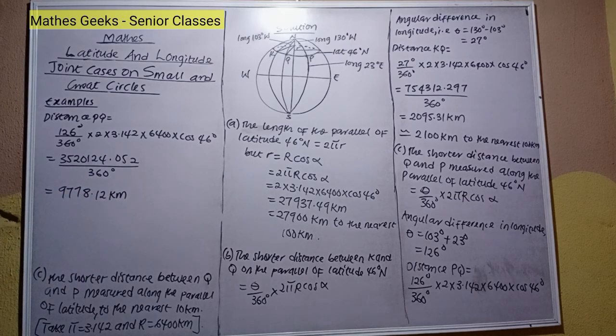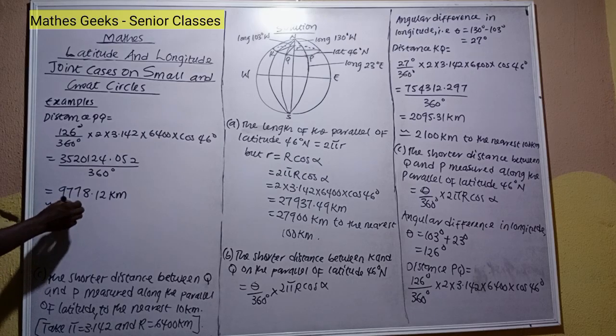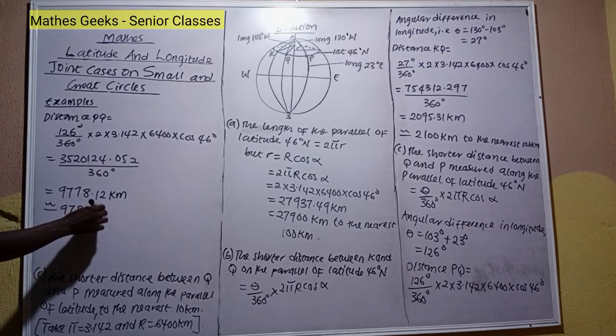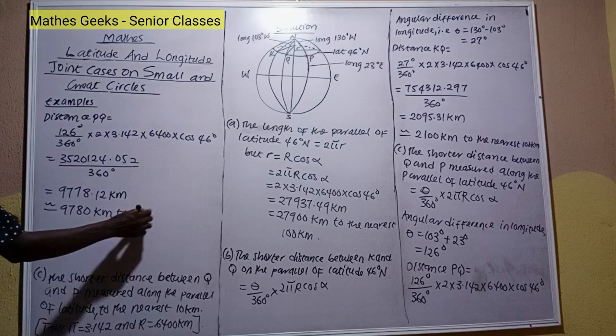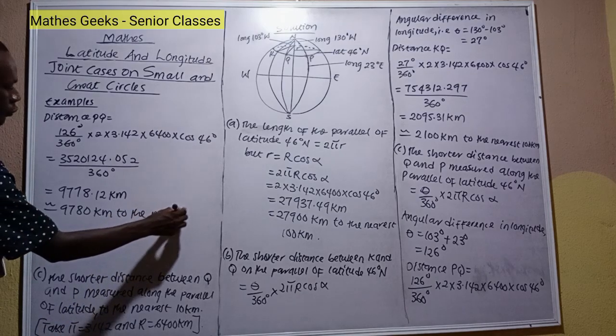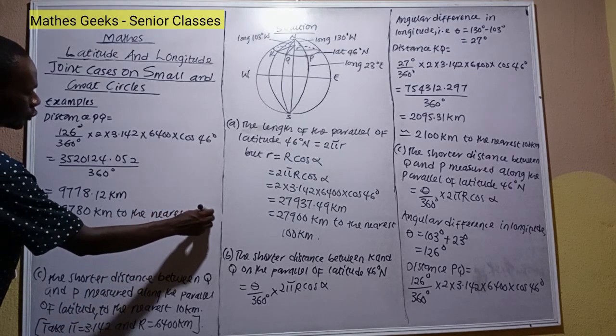The question says our answer should be correct to the nearest 10 kilometers. Approximately unit tens, so our answer will be 9780 kilometers to the nearest 10 kilometers.